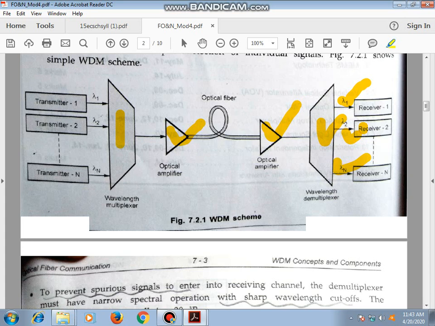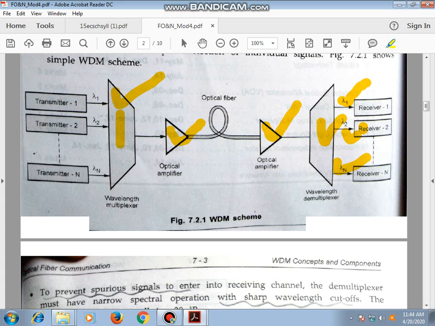You have transmitted the signal from the transmitter side. All these signals are multiplexed with the help of this wavelength multiplexer. Then you use the optical amplifier, which amplifies this multiplexed signal, and you give this to the input of the optical fiber, because as the signal is transmitted through optical fiber, more degradation of the signal will take place.